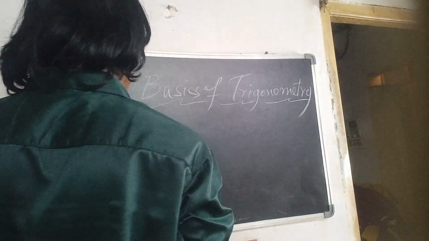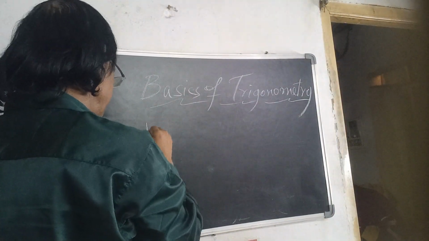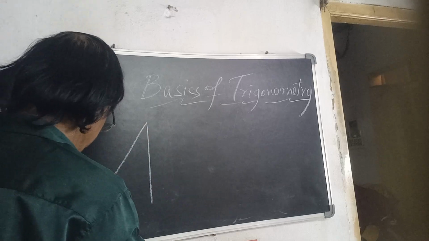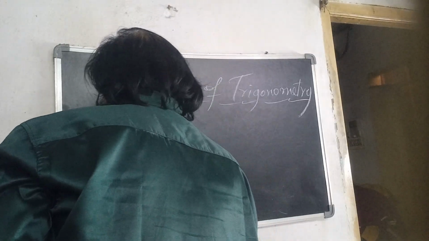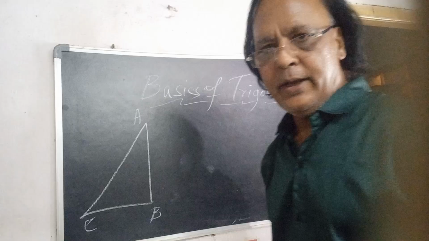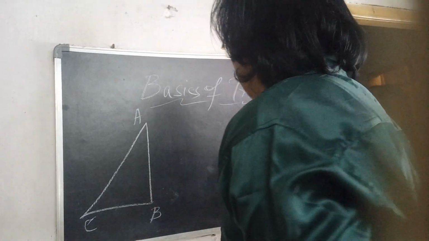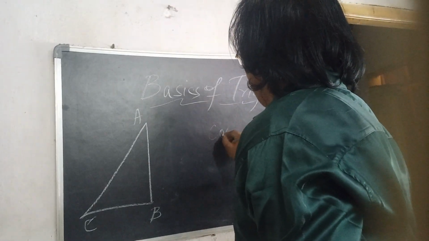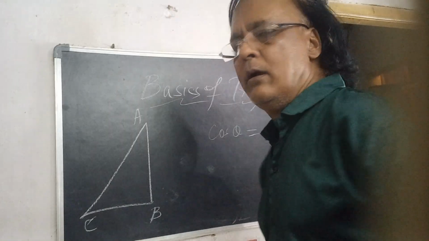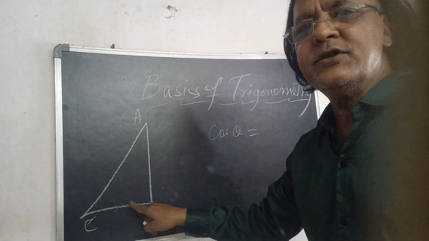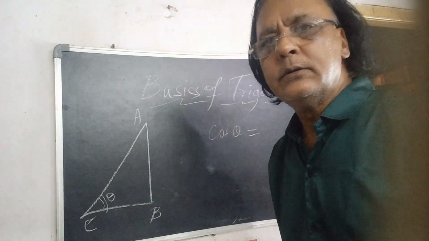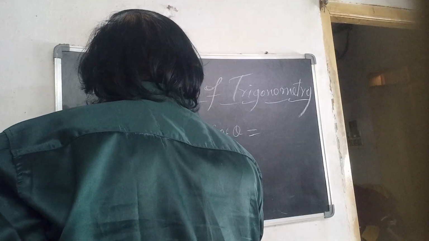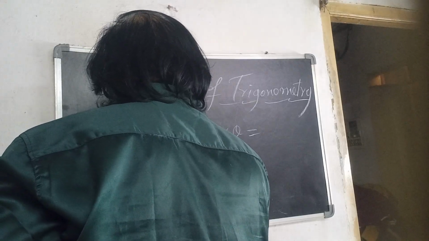Cos theta. This is A, B, C. Okay. Cos theta is equal to adjacent side. This one is the adjacent side. This angle is theta, and this angle is 90 degrees.